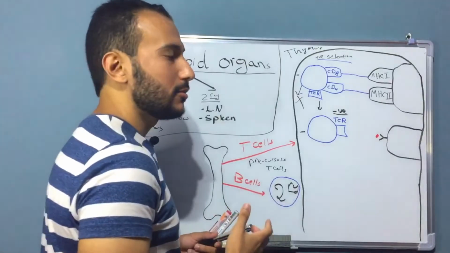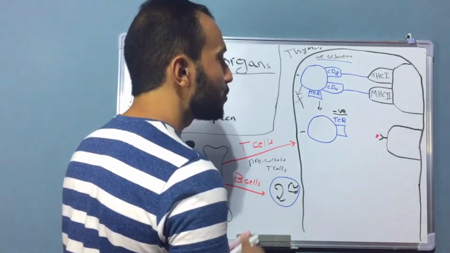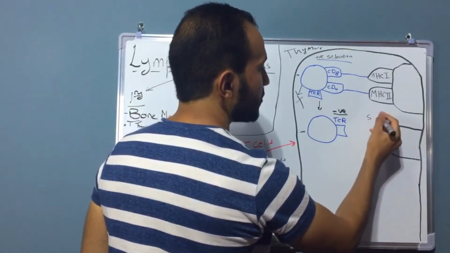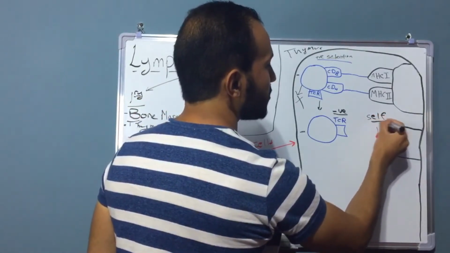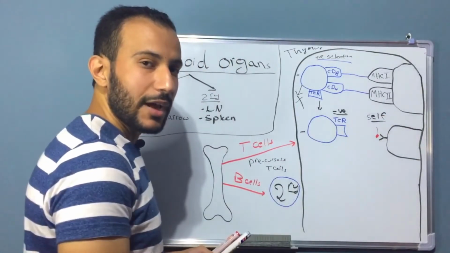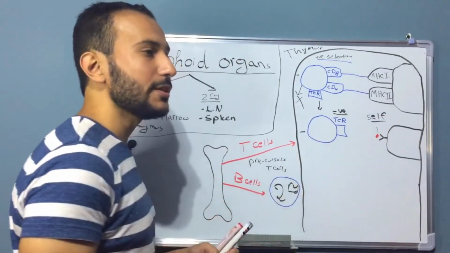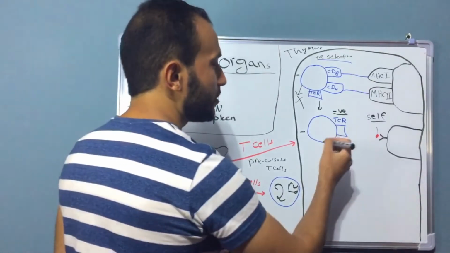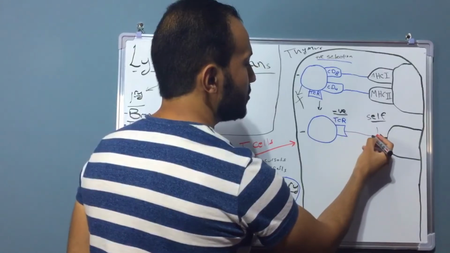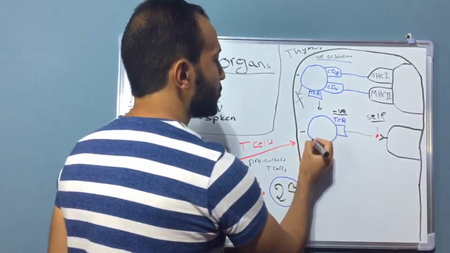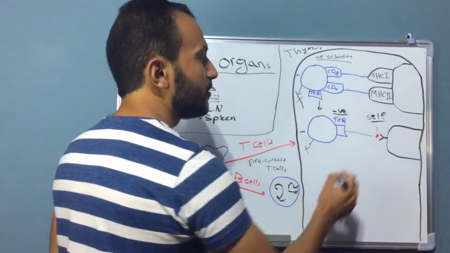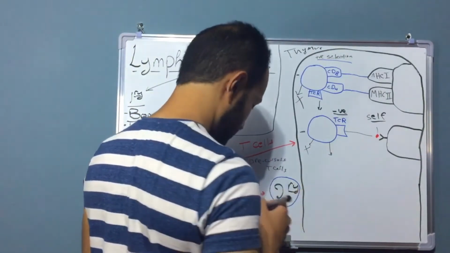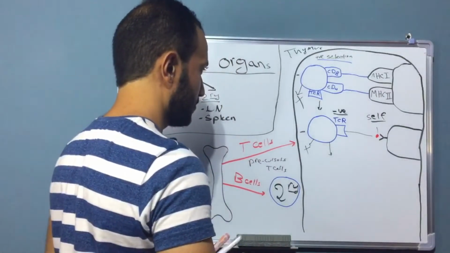Because I want the T cell not to react. React to what? To this, a self antigen. If it reacts to a self antigen, then this T cell will be dangerous and it may cause autoimmune diseases. So if it reacts to this self antigen, it will go to apoptosis. If it doesn't react, it will go on to the next step.